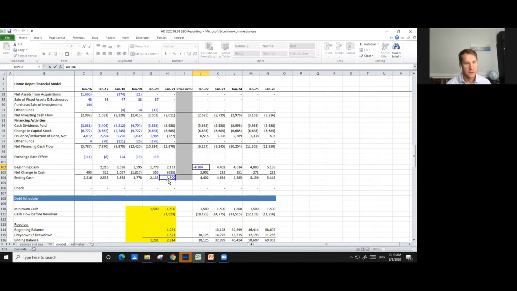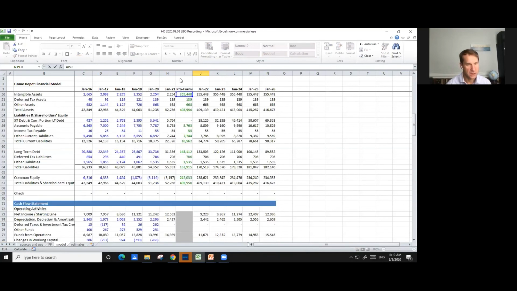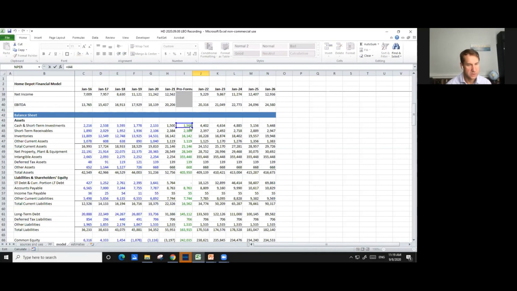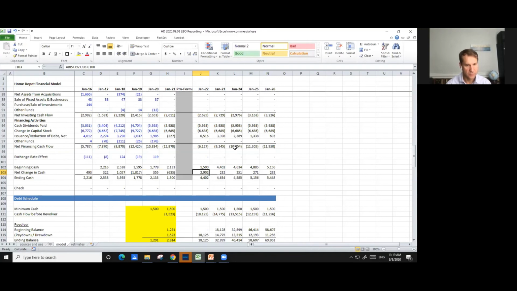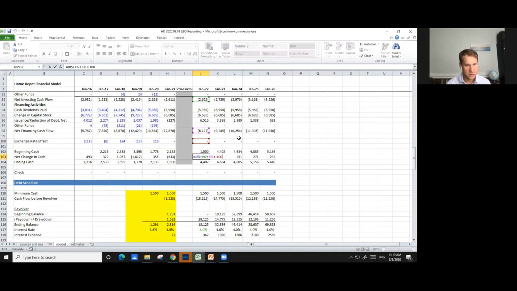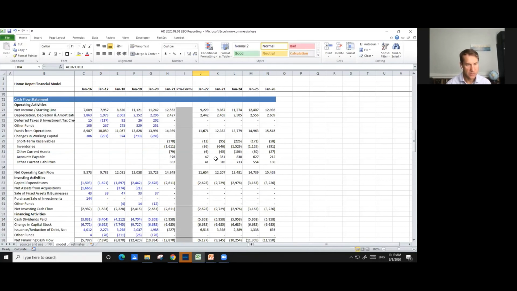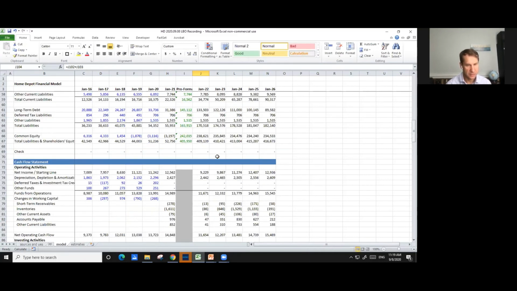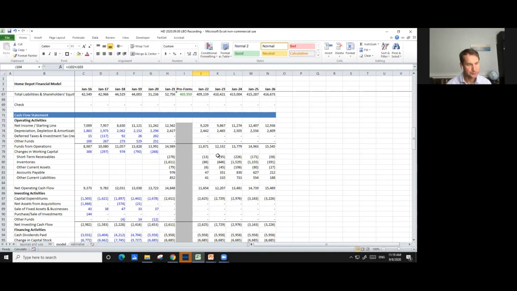Yeah, let me link it to the balance sheet here. And then changing cash is good. I went through it fairly quickly, but we are not done yet.